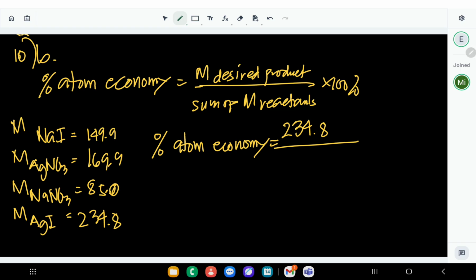So that is 149.9 plus 169.9, so that is 319.8, times 100%.